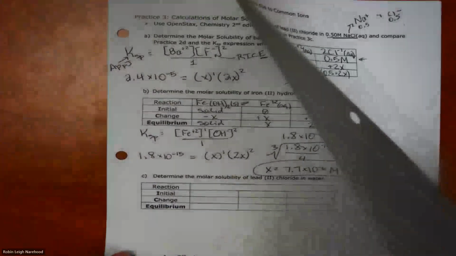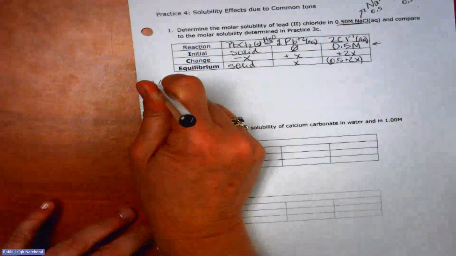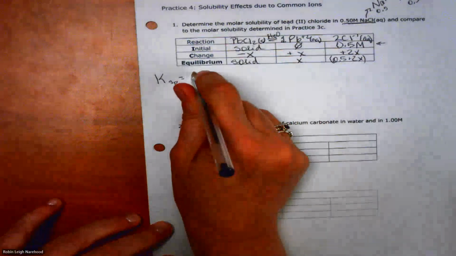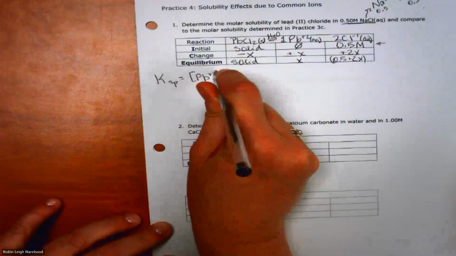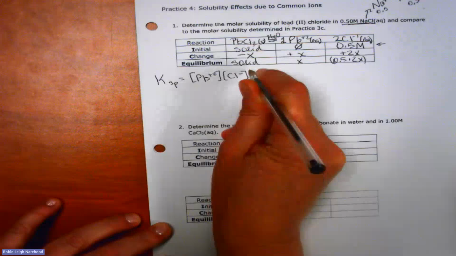Okay. So if we look up the solubility constant, the expression Ksp, it is lead ions and chloride squared.